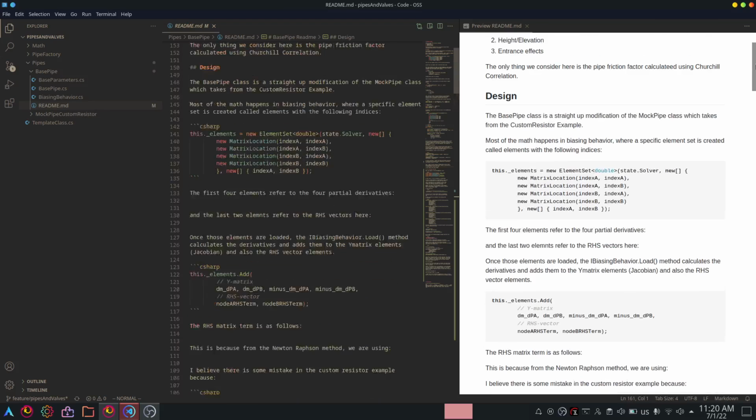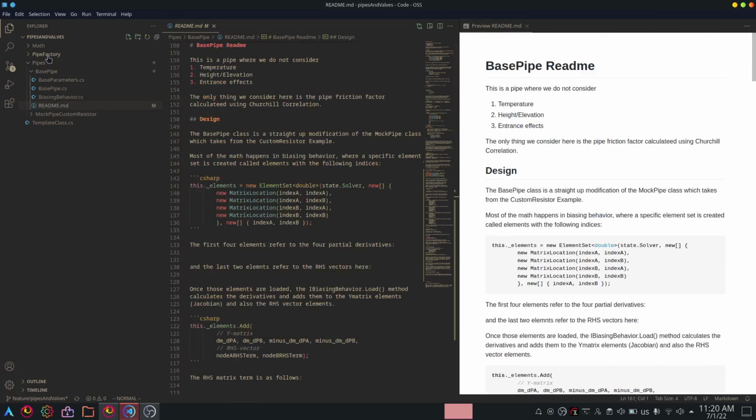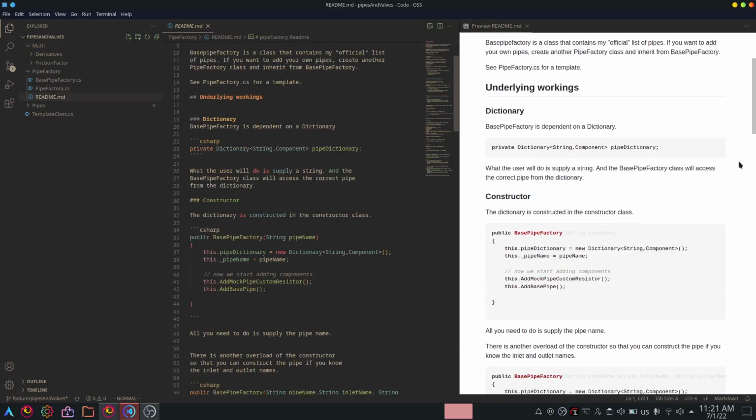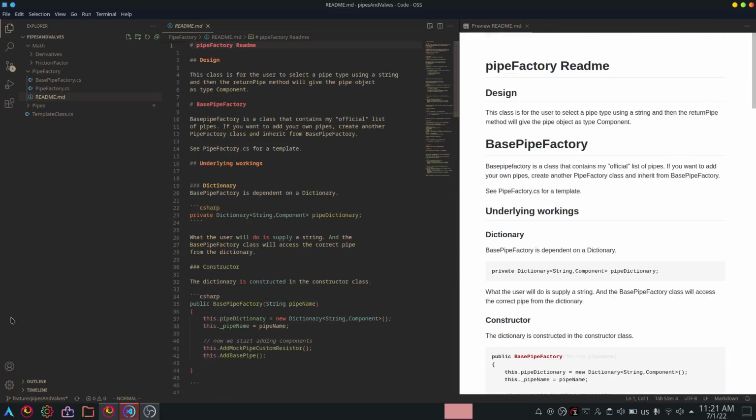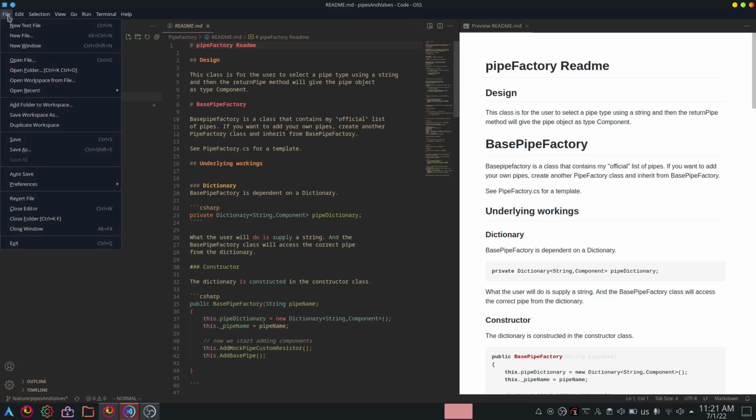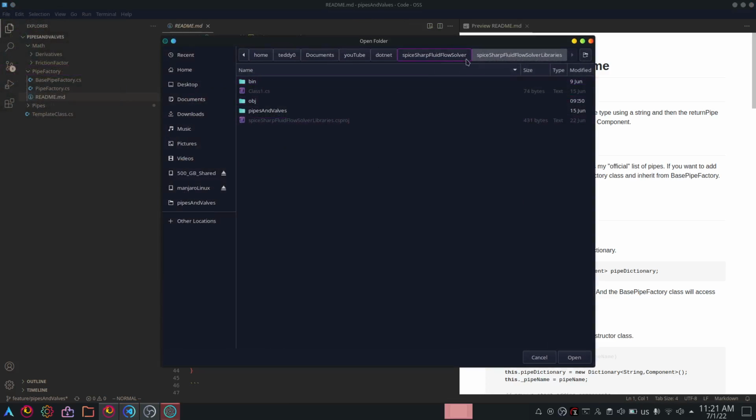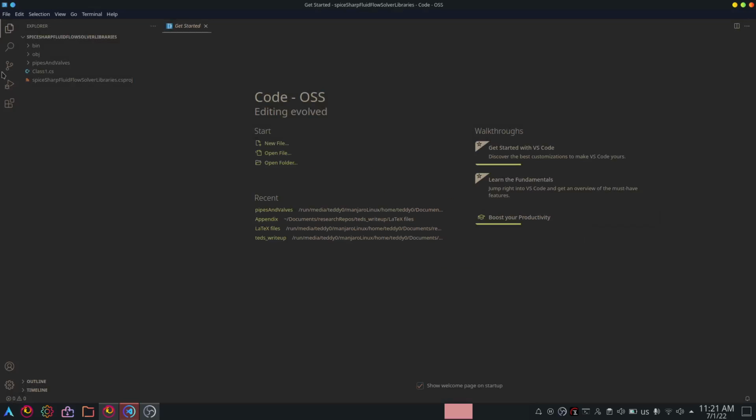The chain rule part will be more clear if we take a look at our pipe theory documentation. Let me open file, open folder, spiceSharpFluidFlowSolver. Open the libraries, trust all authors.